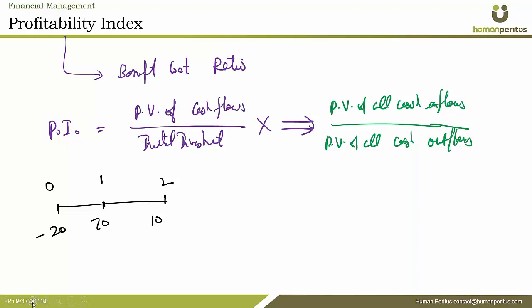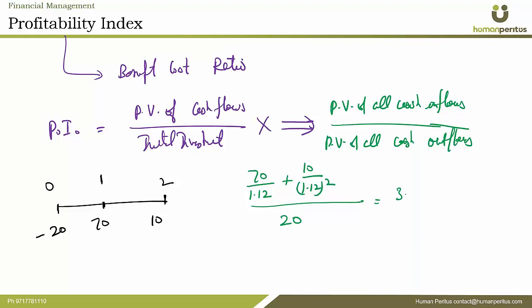So in the numerator, what will I have? In the numerator, I'll have the present value of all cash inflows: 70 by 1.12 plus 10 by 1.12 square. And in the denominator, I have 20, the present value of all cash outflows.